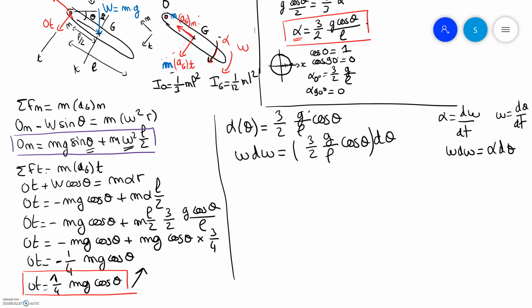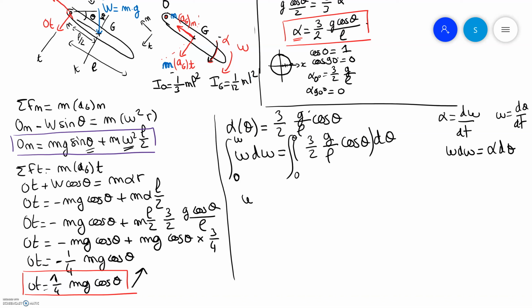d theta. And we can take the integral on both sides, right? So between omega equal to 0, because it's released from rest, to omega, because we want to find omega for any distance from 0 to theta.